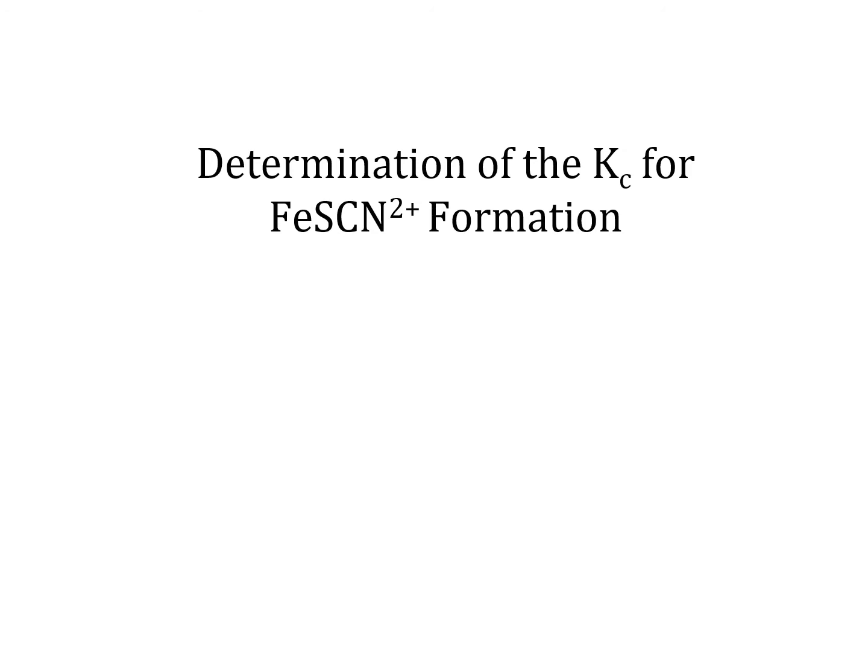Anyway, in this week's experiment, we are talking about determination of the equilibrium constant for a metal and a ligand in a coordination complex. Our coordination complex here would be the iron thiocyanate. It has the 2+ charge.